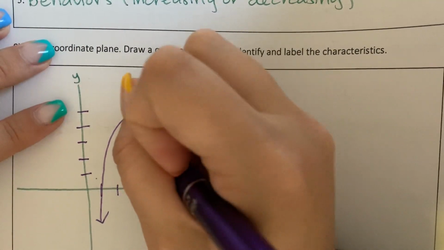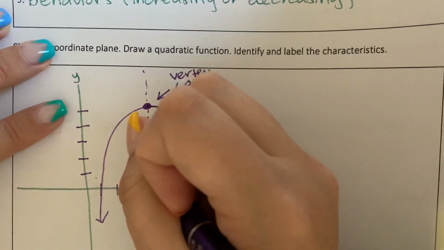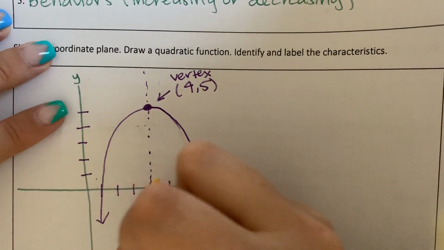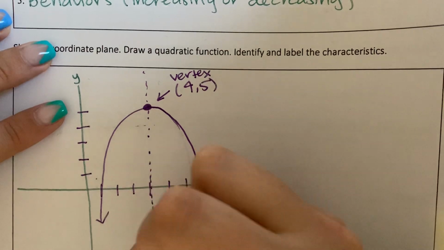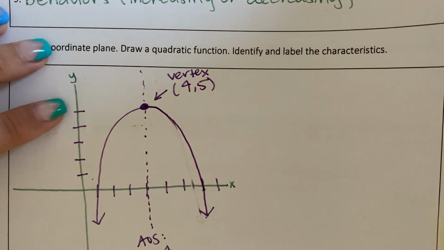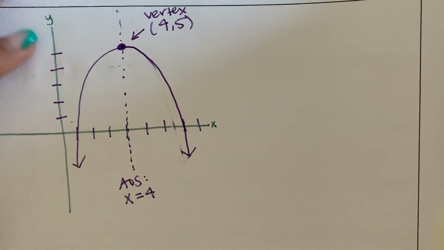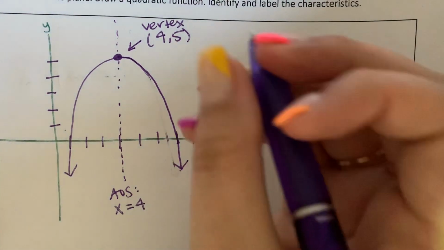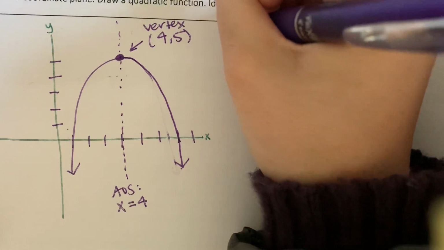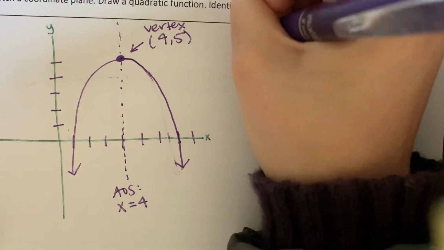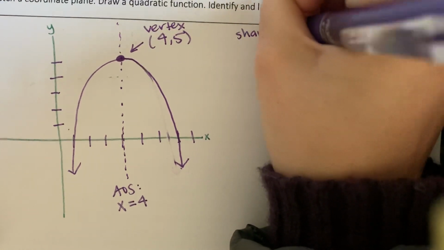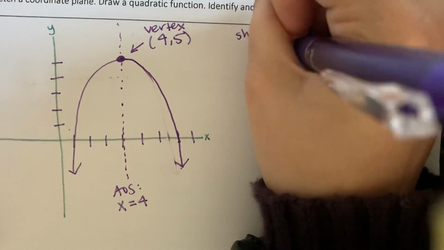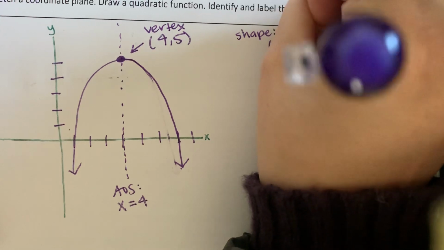Which means my axis of symmetry is at x equals 4. The shape is rainbow. It opens down.